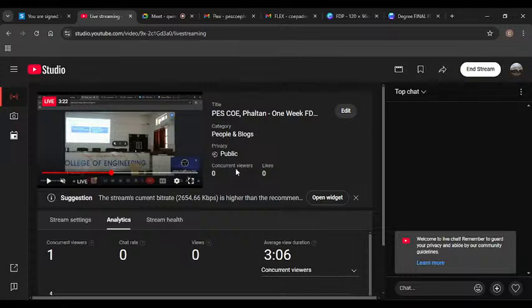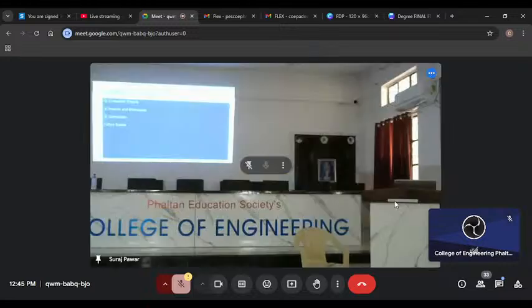Design a gearbox for delivering 14 kilowatt power. Input is given. That input speed is available in the form of a motor. And for that we are going to design the gear by considering various design factors. Then results and discussion.